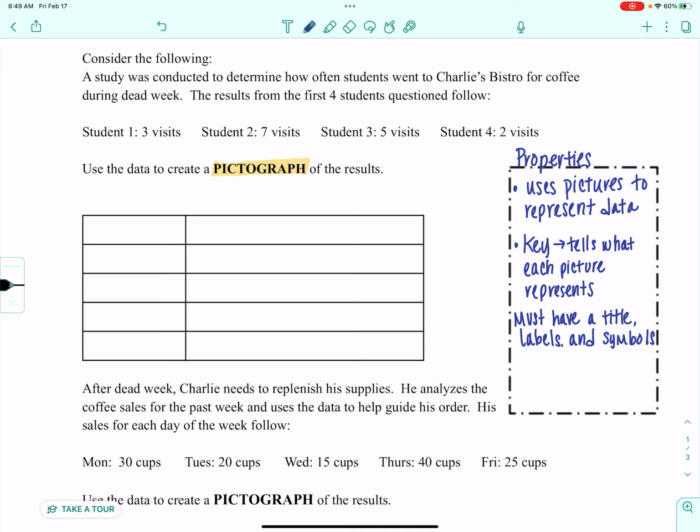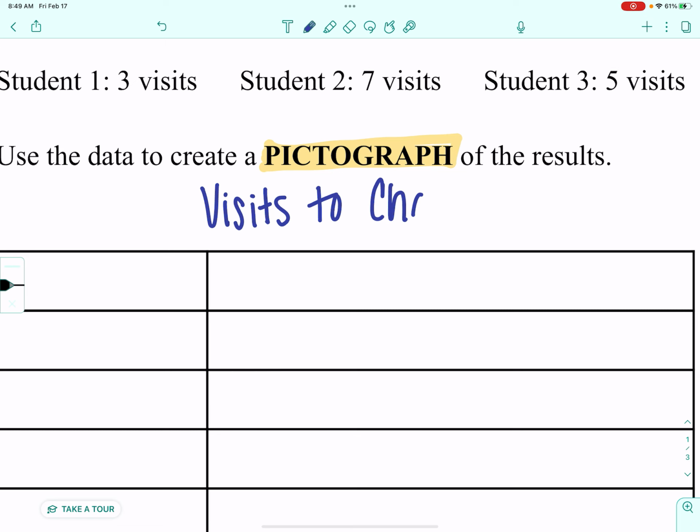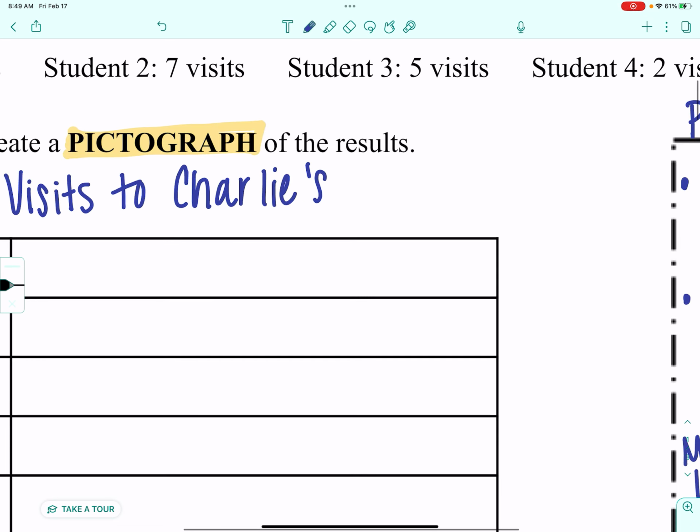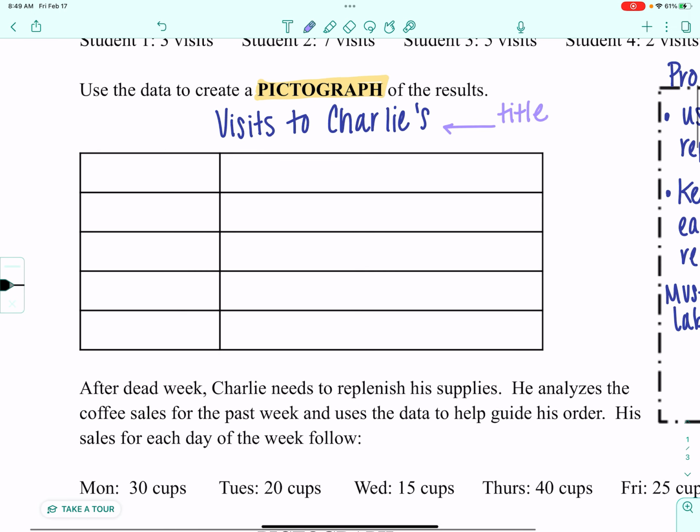So we need a title. It doesn't have to be super creative. We're going to call it Visits to Charlie's. So this is our title. Usually we put the title right at the top of the graph, so it's one of the first things you see.